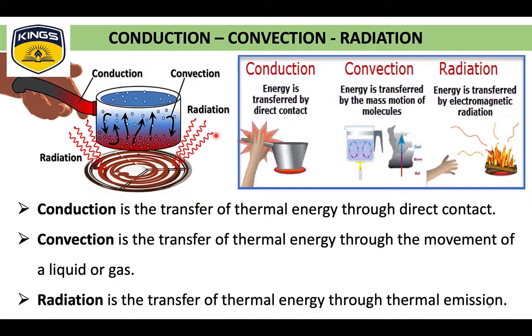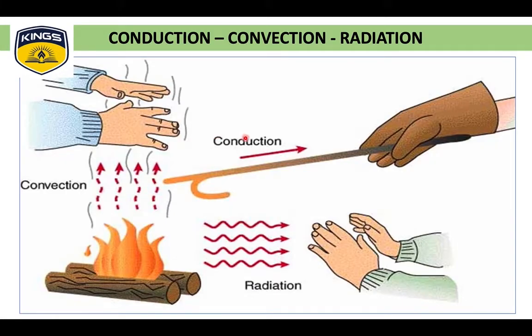Next, radiation is the transfer of thermal energy through thermal transmission. The same example in another simple way: in conduction, a rod gets heated at the other end while heating at one end. Next, convection, the transmission, like water vapor. Similarly, next, radiation.